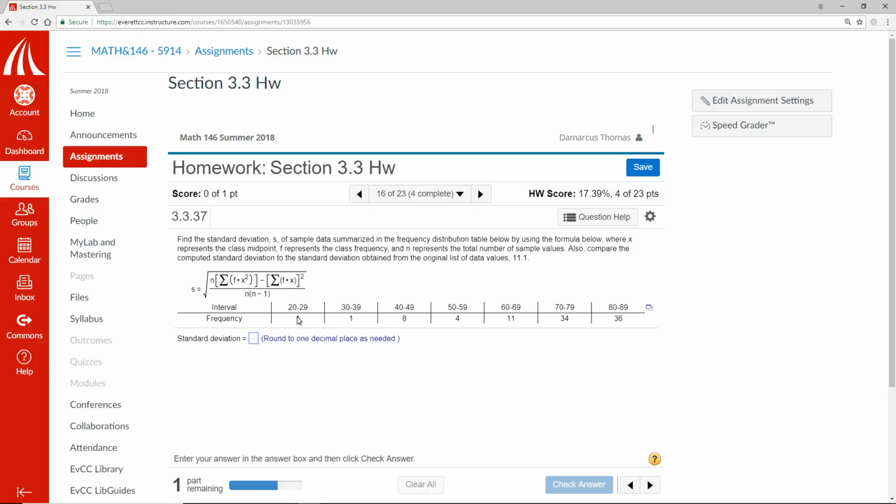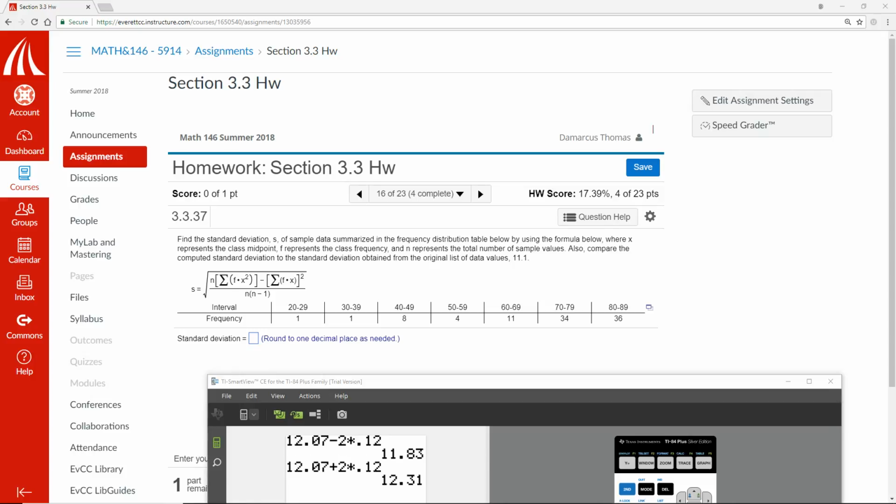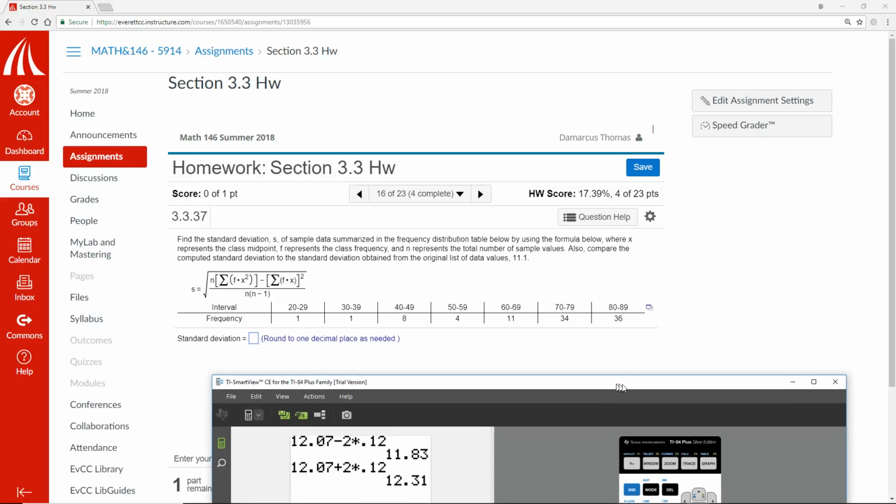We'll use the midpoint of each class, so the first thing we'll do is calculate the midpoint of each class. Notice the class width is 10. So once we get the midpoint of one, we can figure out the midpoints of all the others. Again, we'll use our calculator.